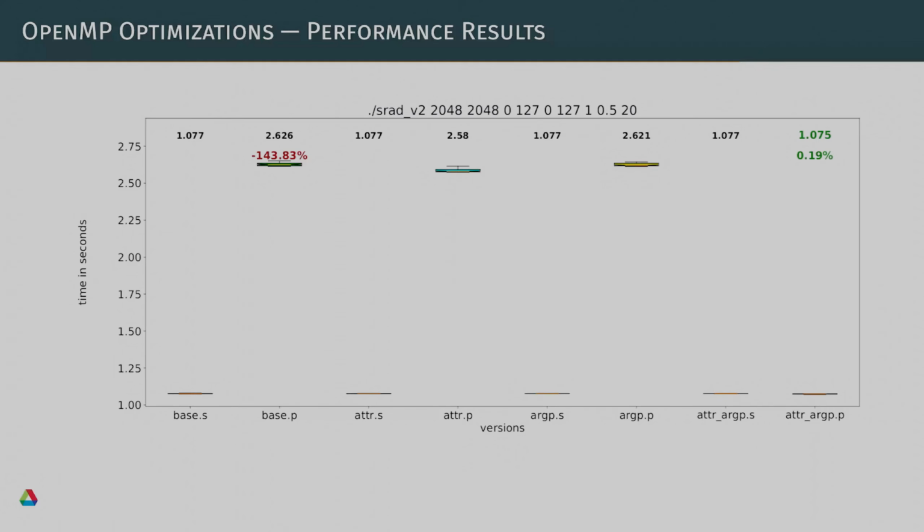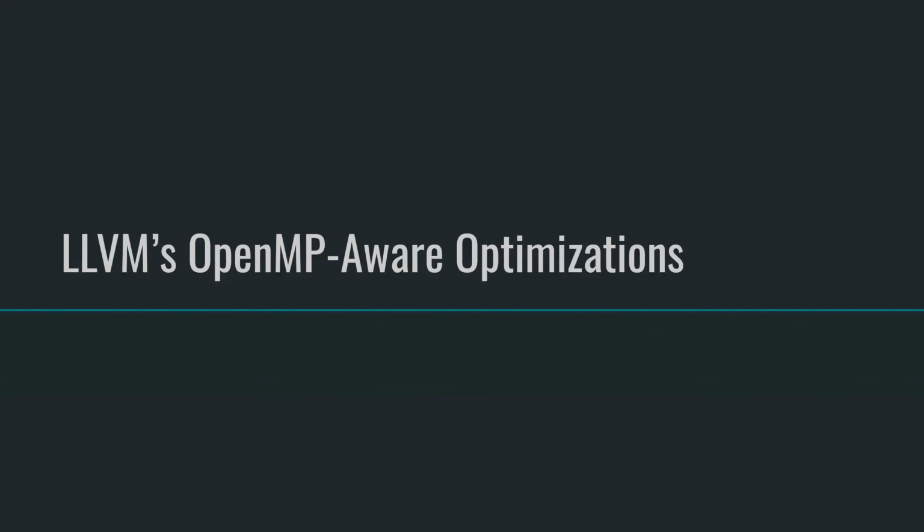Okay, let's switch gears a little bit. So far it was mostly about parallelism optimizations, but they were not really OpenMP aware. We can do the same things for pthreads or anything else. So it wasn't really about OpenMP.